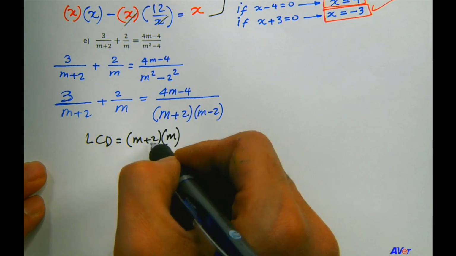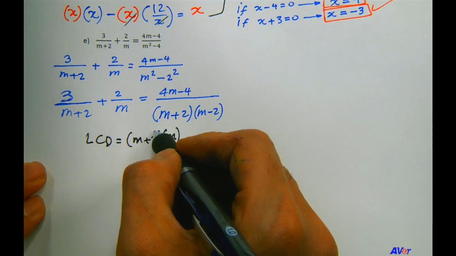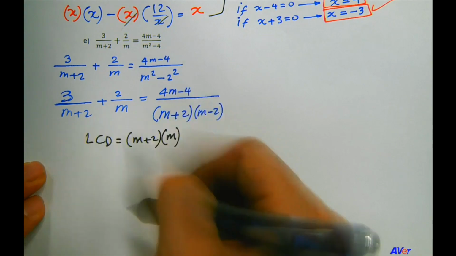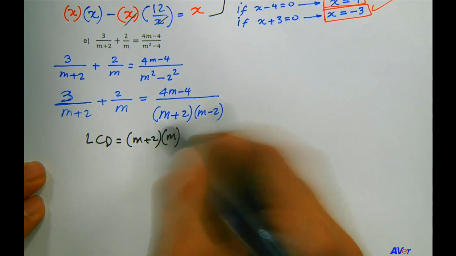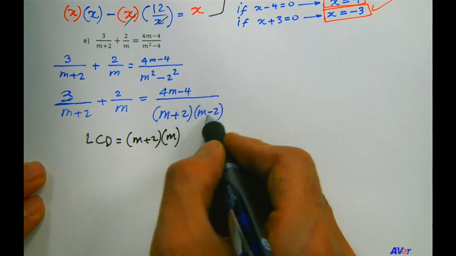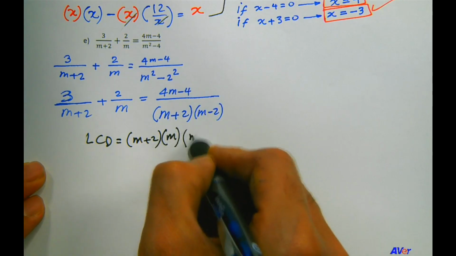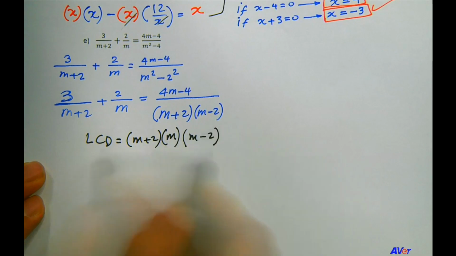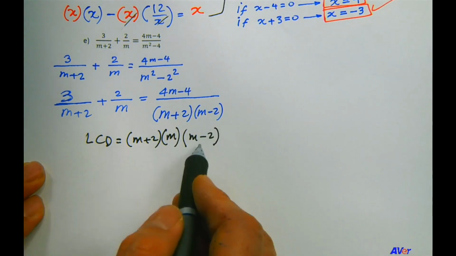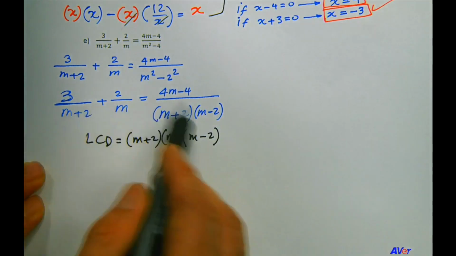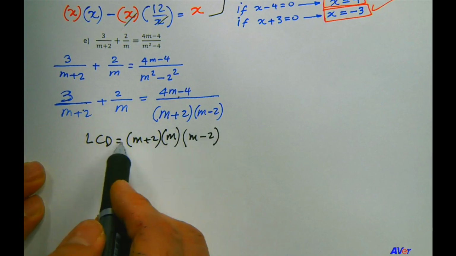The LCD must contain each of the factors in the highest power it appears under any fraction. But it's got a power equal to this, so we leave it alone. The m minus 2 factor, do we have it? No. Should it be here? Yes. Are we done with the LCD? Yes, absolutely, we're done. So then we have to multiply both sides of this equation by all of this.